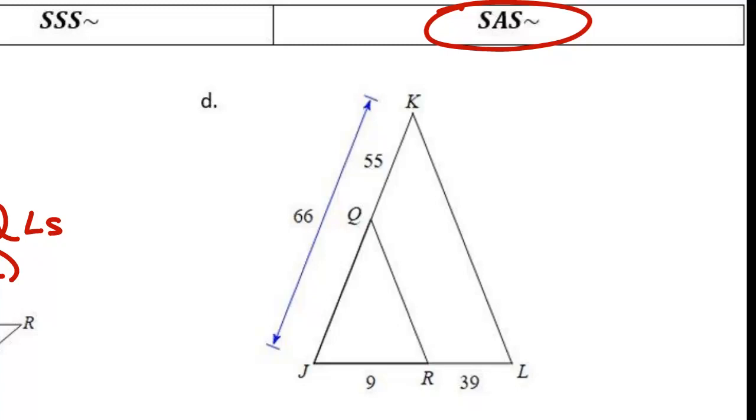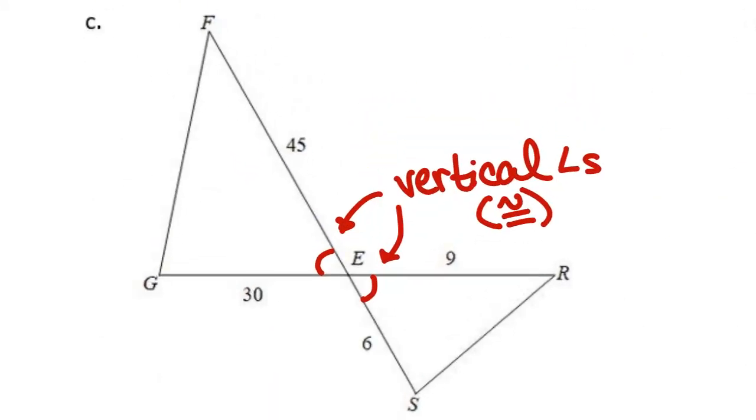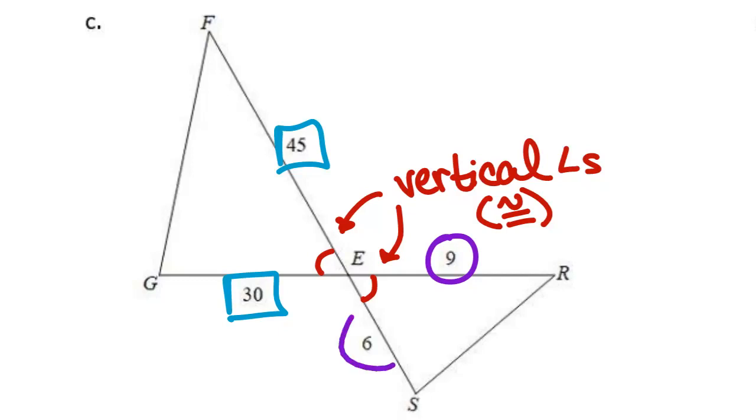For side, angle, side, we need a pair of congruent angles. Do we have that? Yes. And then we have to show that the 2 sides on either side of that angle, so like 45 and 30, that's on either side of this angle. Or I've got 9 and 6, that's on either side of this angle.